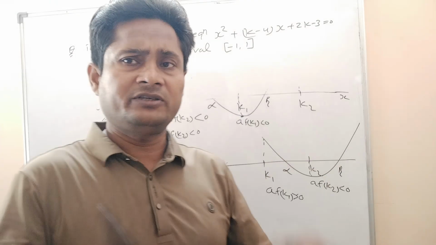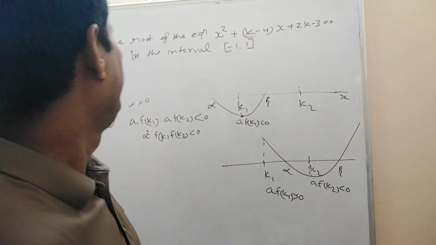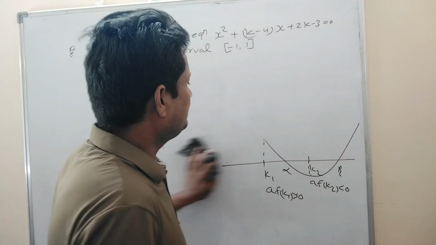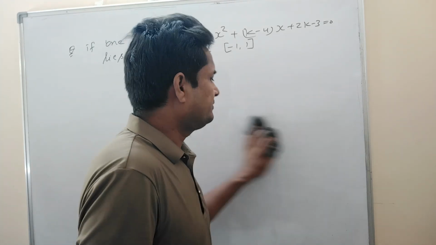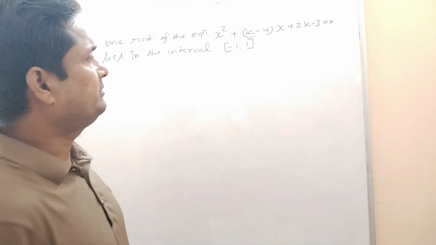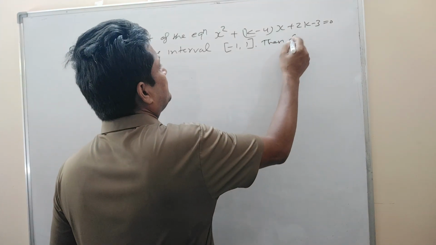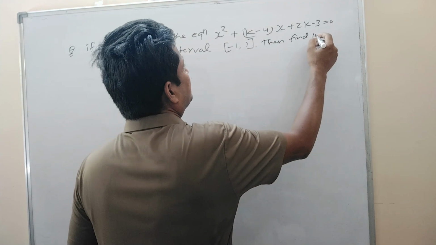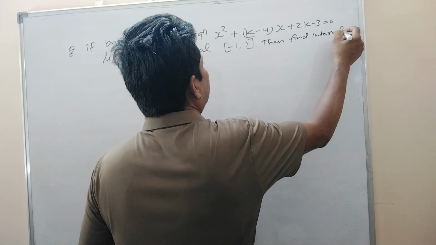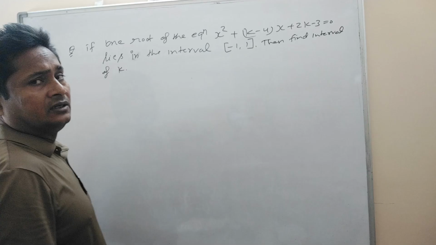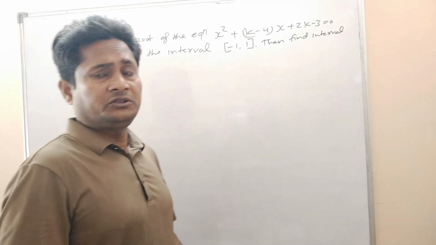One of the roots lies between minus 1 and 1. Then find the interval of k. So this is the question.